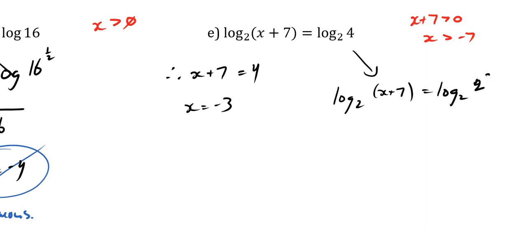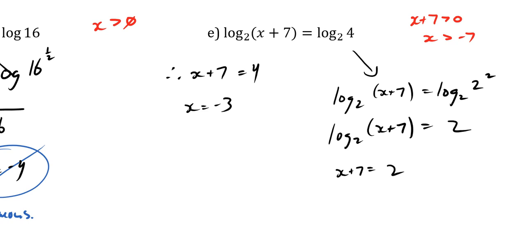So this is like 2 squared. So this is log base 2 of x plus 7, which equals log base 2 of 2 to the 2 is 2. And then I rewrite this in exponential form. So I end up with x plus 7 equals 2 to the 2, but I just end up with the same thing. Oh my gosh, what a whole bunch of extra work for nothing.